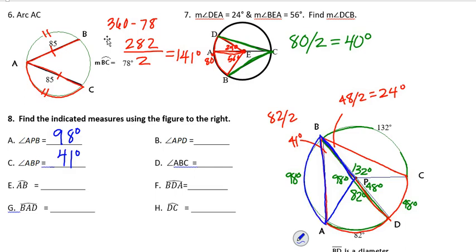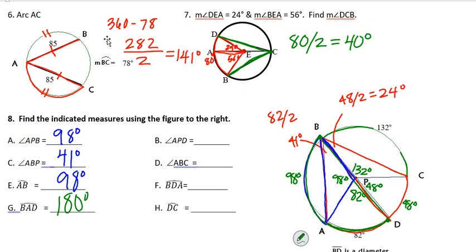That's 98 again. Then we've got arc BAD. I'm going to do this in a different color just so y'all can see it. Start with B, go around the A, all the way around the D. So we're going to add together the 98 and the 82. And that's actually half the circle, y'all. So that's 180.